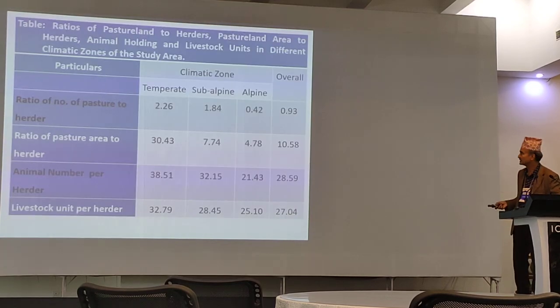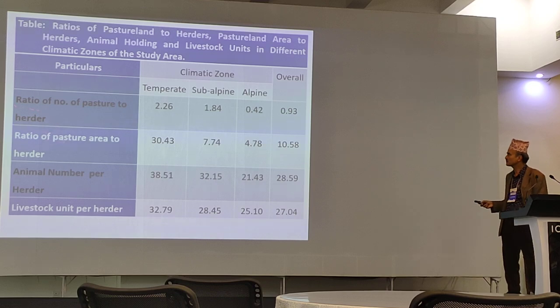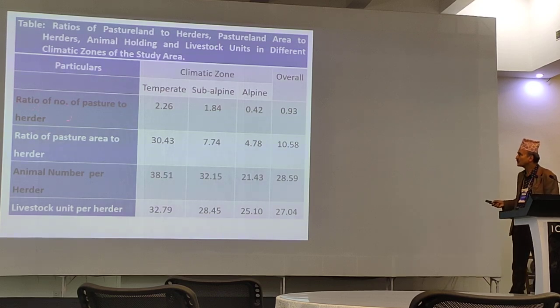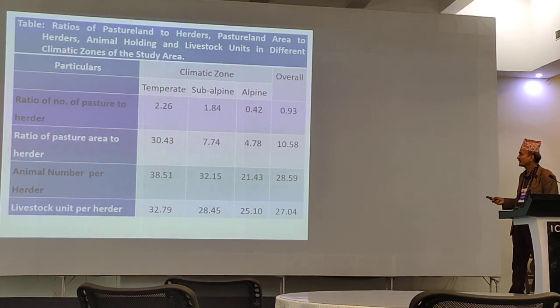Now I move to results and findings. For the pasture land, the most important thing is the ratio of pasture to herd. As we move to alpine, the ratio is decreasing.